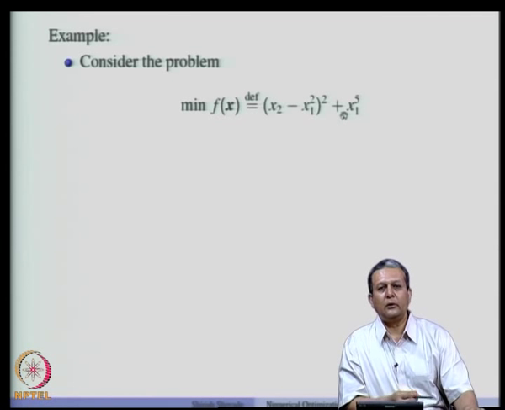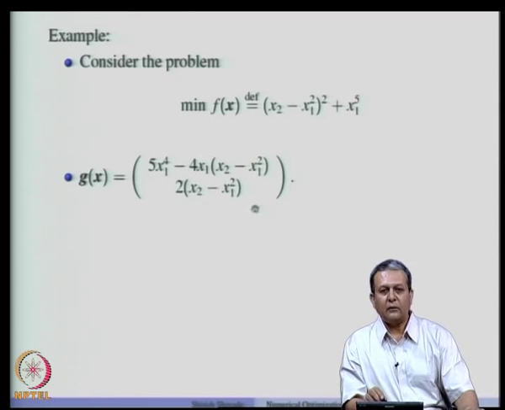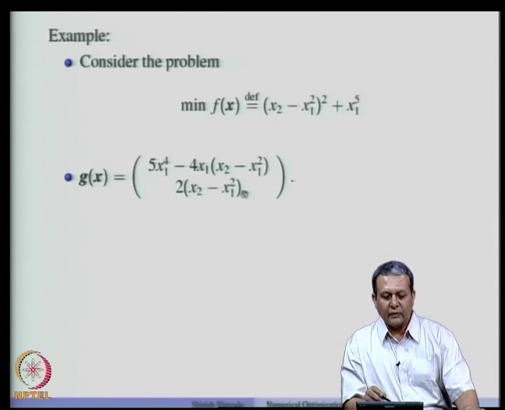Now, to find out the stationary points, first we have to write the gradient and equate it to 0 to get the stationary points, and then look at the Hessian matrix of those points to infer which of the stationary points are local minima, maxima, or neither. So, let us write down the gradient vector of the function, which is shown here.